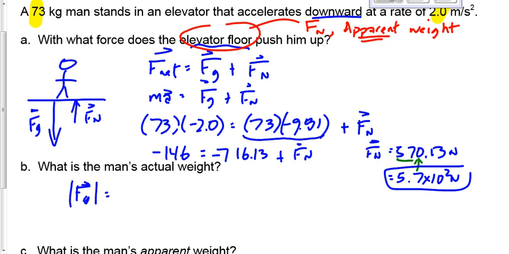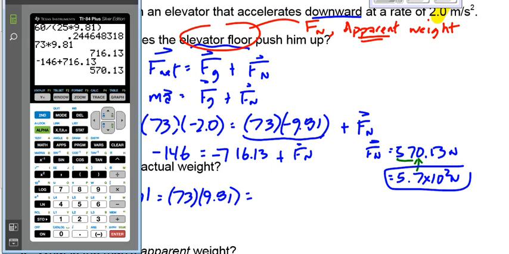We're going to say it's m times the absolute value, because technically it's negative, but when we talk about weight, we don't usually think about a negative weight, right? We just call it positive. So let's say it's mass, which is 73 times positive 9.81. Gives me a value of 716.13.